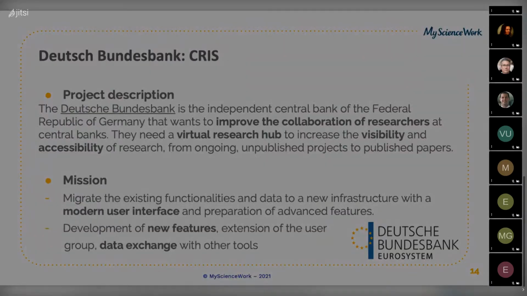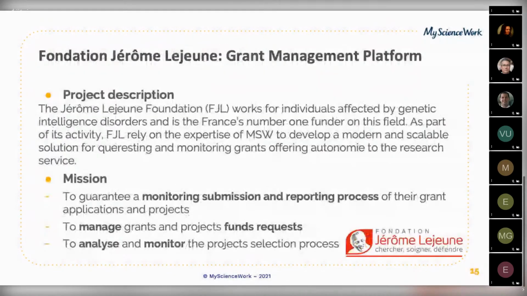Another example, and the last one, is an ongoing project that we are doing actually, and it's a grant. It's with a foundation in France, and they wanted to have a grant management platform. So Polaris can once again evolve in this field and give an answer to the need that the foundation had, because they wanted a scalable solution for requesting and monitoring grants.